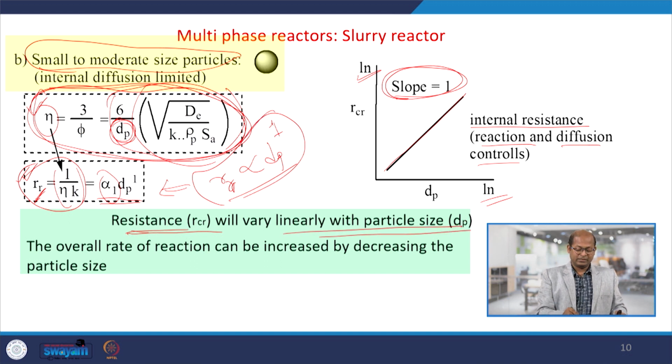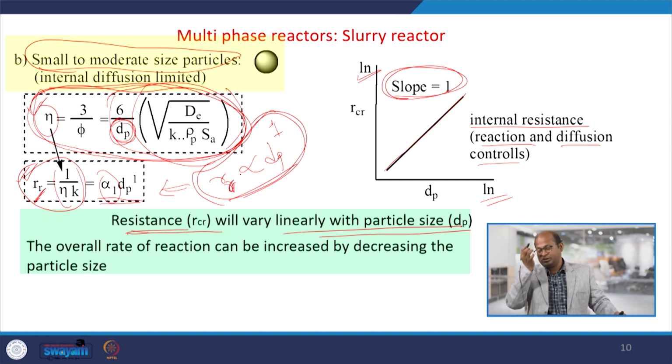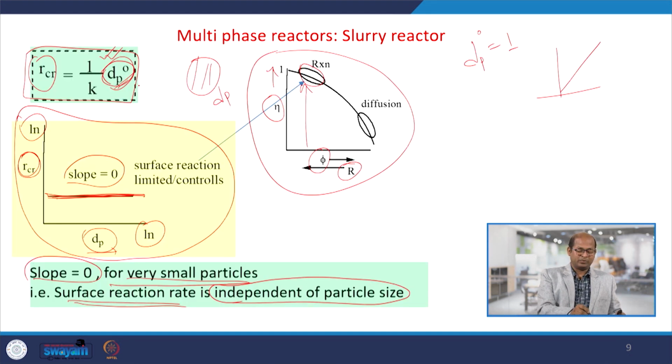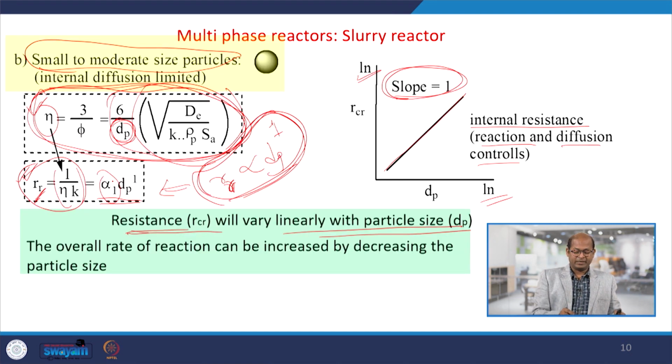Here, resistance R, the resistance due to the reaction, is directly proportional to the particle diameter. In the earlier case, when a small size of particles was taken, it was dp to the power 0, so slope equals 0, and here slope equals 1.